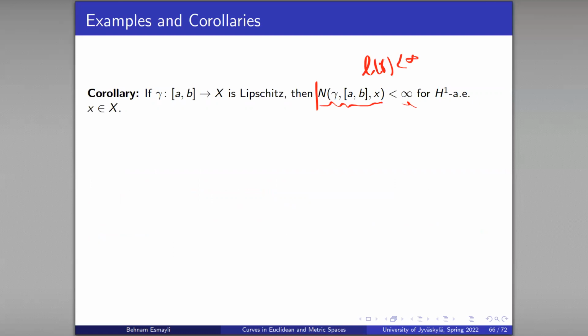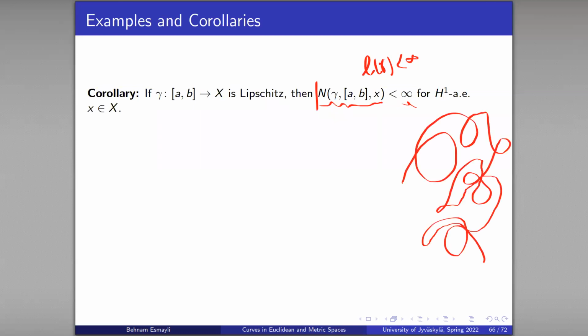This means that you cannot have a Lipschitz curve cover too many points too many times. So you can have a Lipschitz curve that covers this point infinitely many times. It just keeps going up and coming back there. If you want to save length, for example, you can every time do a shorter loop. So this becomes a point covered infinitely many times.